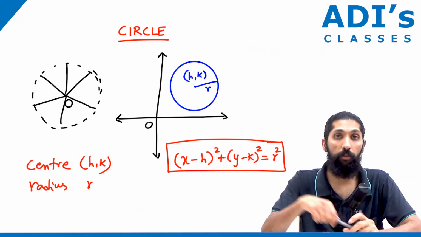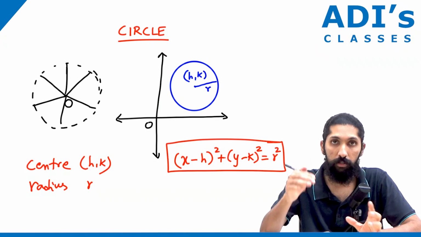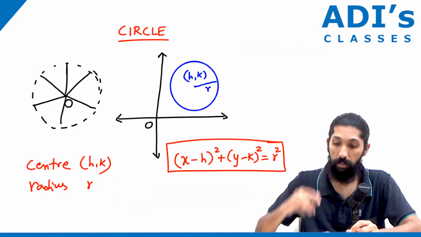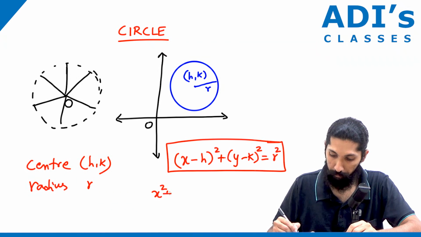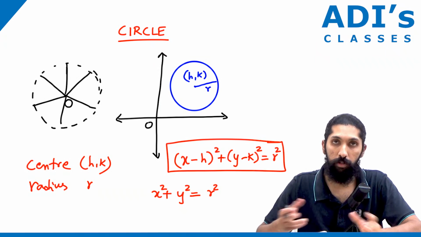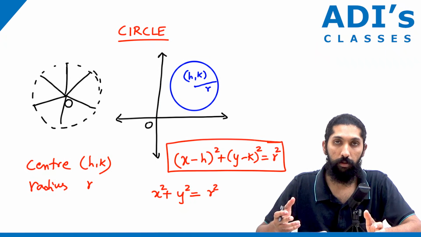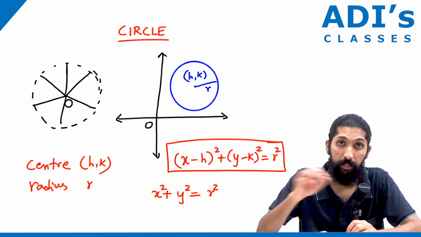Now, suppose the center is at the origin, a circle whose center is at the origin. Then the equation becomes x square plus y square is equal to r square, or x square plus y square is equal to a square. This gives us the equation of the circle at the center.